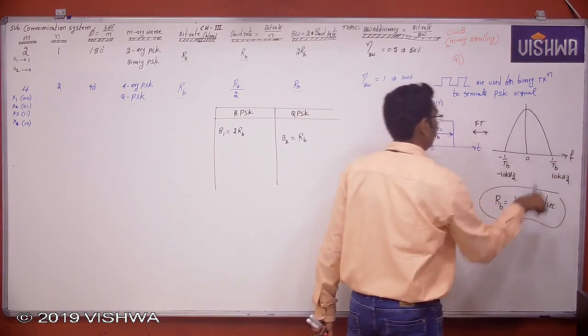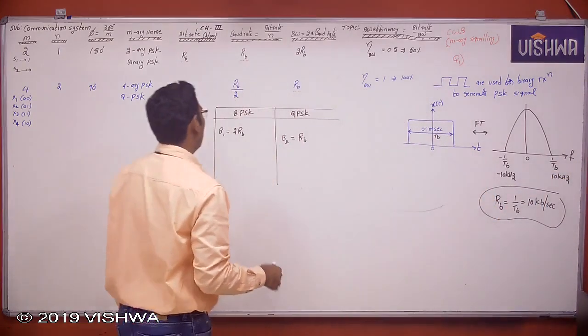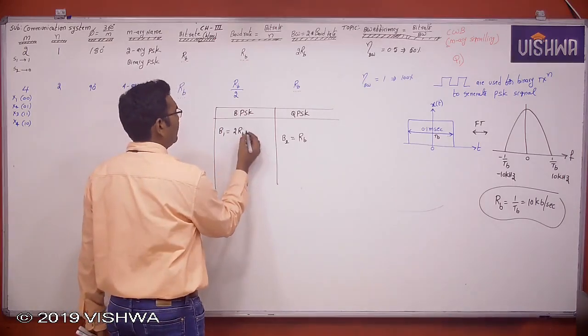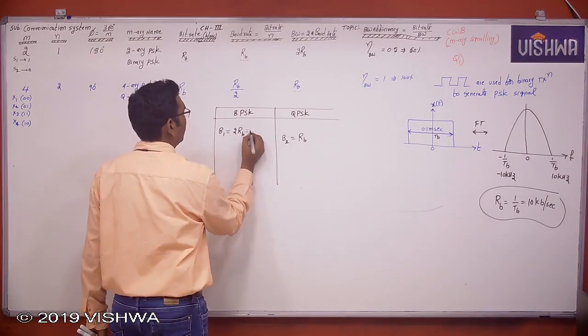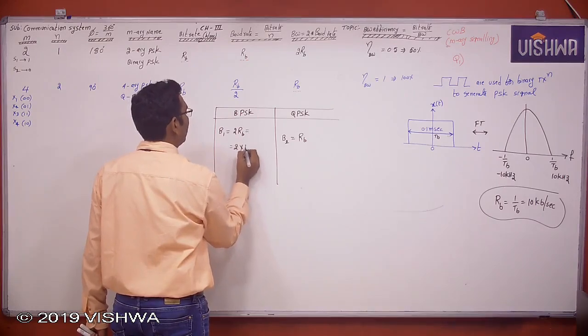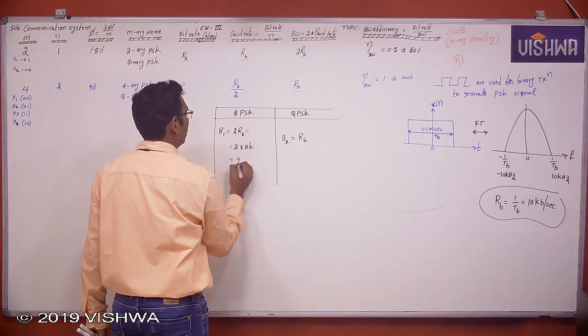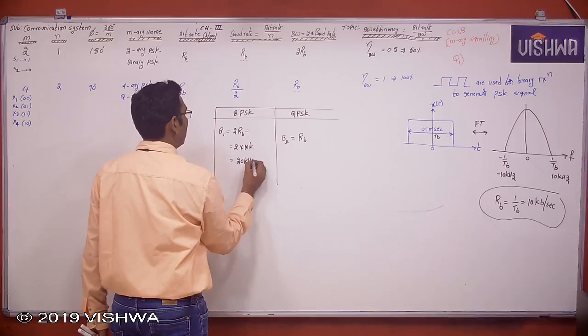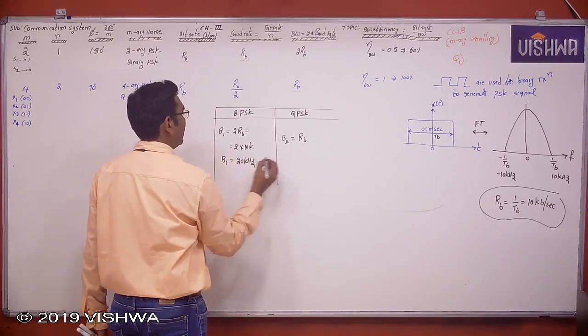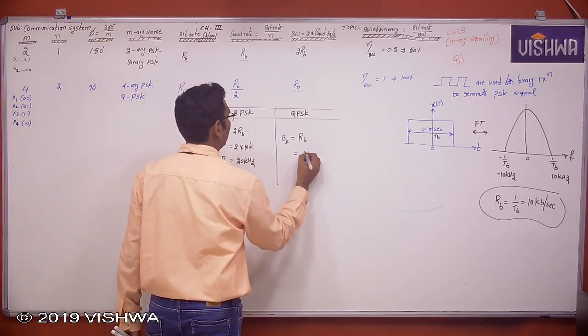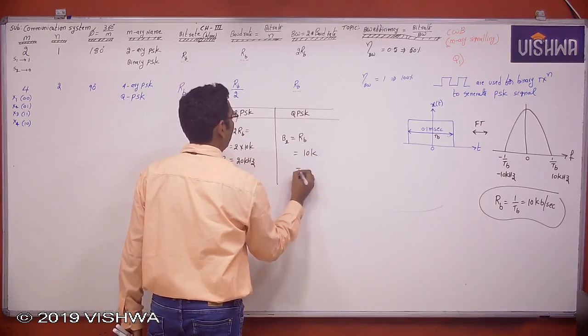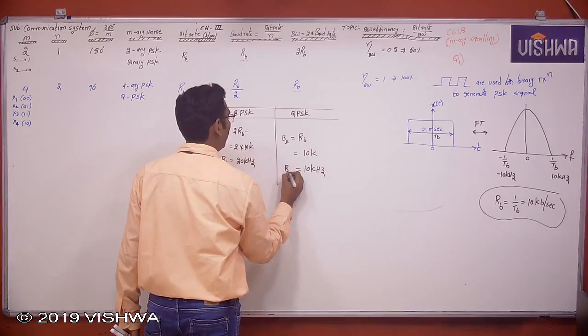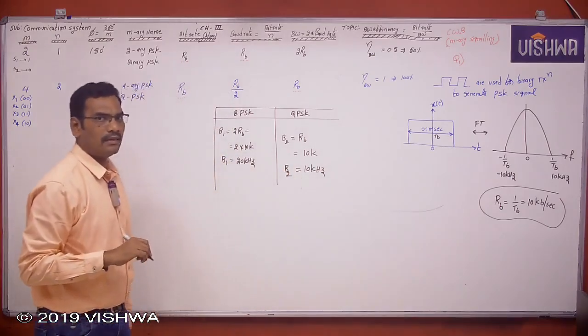This is RB. Once you know RB, you can easily find 2 times RB. 2 into 10 kilo, which is 20 kilohertz, is the bandwidth of BPSK. Now B2, which is equal to only RB, is 10 kilohertz, the bandwidth of QPSK. Understand or not? No doubt.